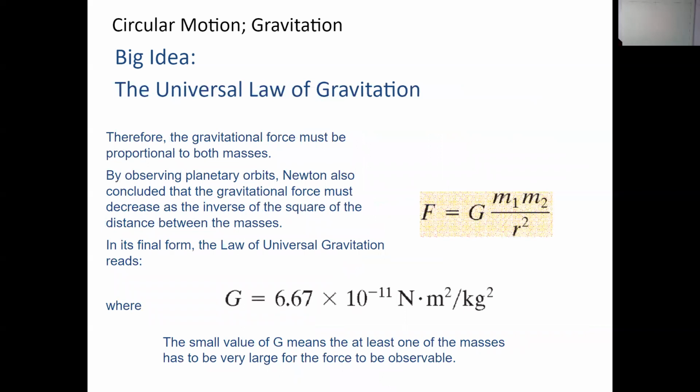The magnitude of that force is represented by the universal law of gravitation, proposed by Isaac Newton, since he understood that the third law says you have to have two masses. That's why two masses show up in this formula for force.